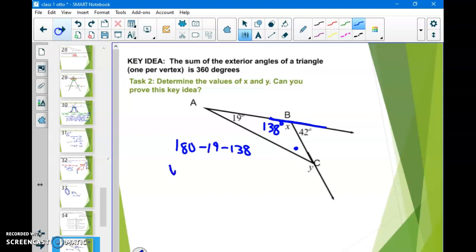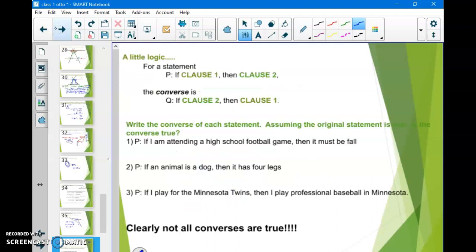Or we could say that y is equal to the sum of the two non-adjacent interior angles, which is that, plus that. And so we know that y would be equal to 157 degrees using the exterior angle theorem.